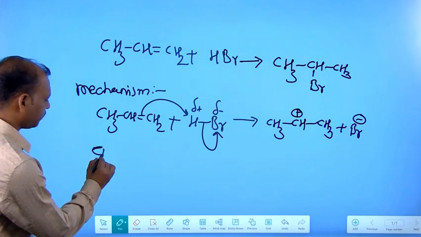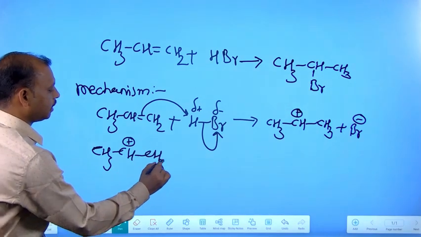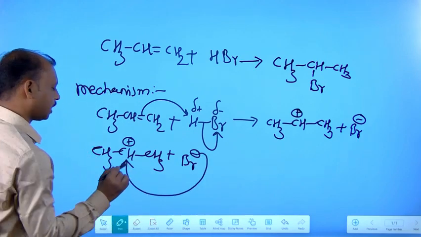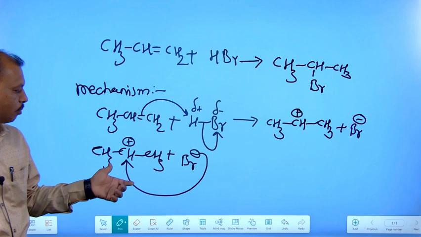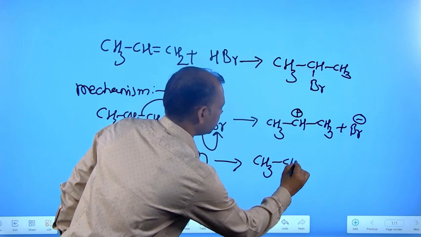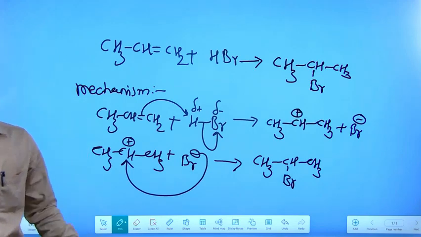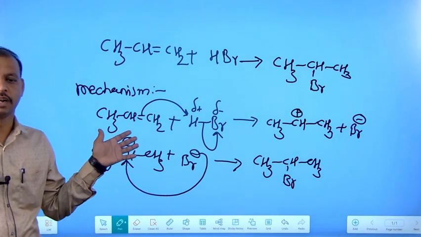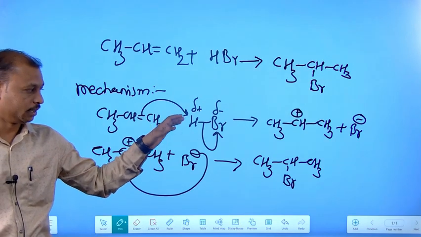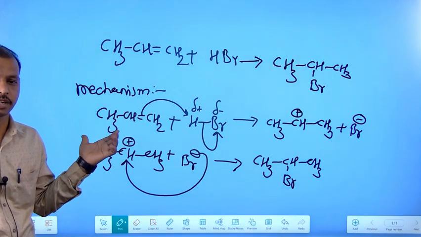In the next step, that CH3CH plus CH3 reacts with Br minus, which gives its electrons to the carbocation to form a bond between carbon and bromine, giving the new structure CH3CHBrCH3. Such reactions are called electrophilic addition reactions because hydrogen, the electrophile, is added first across the carbon-carbon double bond.